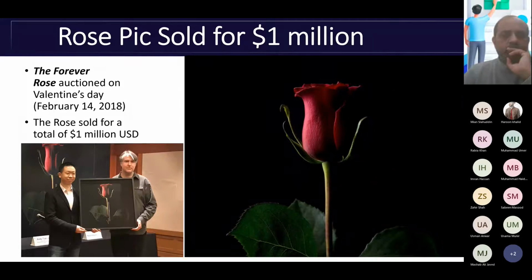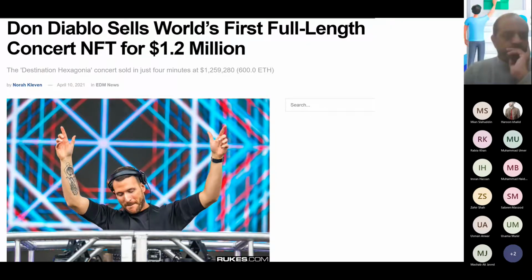So I showed you this rose pic, which was sold for $1 million. This is just a photograph taken from a camera. Then I told you about the concert, and people are coming up with newer and newer ideas.